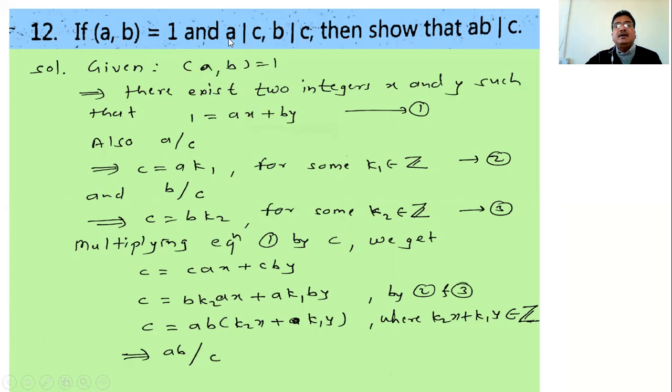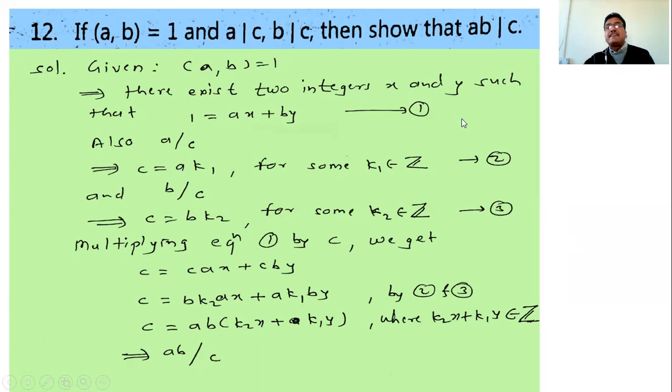And a divides c implies c is expressed in the form a times some integer k1. b divides c means c is expressed in the form b times some integer k2. So these three, 1, 2, 3, are the meaning of our given: the greatest common divisor of a and b is 1, a divides c means c equals ak1, and b divides c means c is expressed in the form bk2.